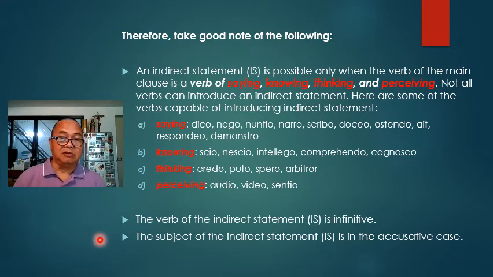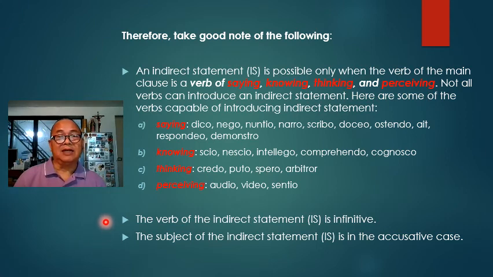And the second one, of course, the subject of the indirect statement. If it is a noun, you say noun. If it is a pronoun, you say pronoun. And the function, simply subject. No need to say subject of the indirect statement. Just say subject. So, yan ang guideline for your worksheets.